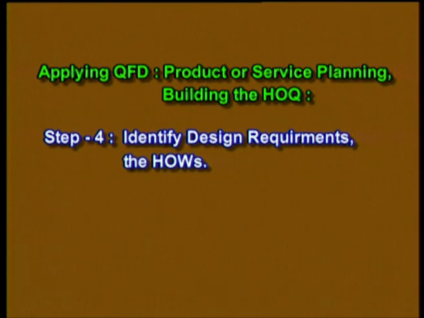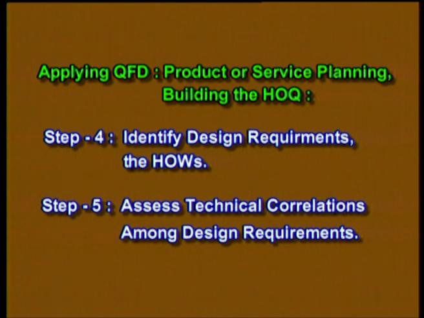What are the new features? Then to use the resources in terms of the features, you assess the correlations between those new features that you identified in step 4, which is done in step 5.